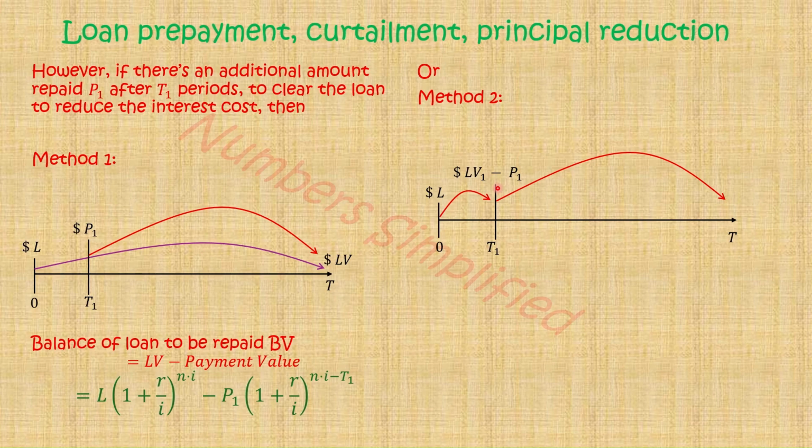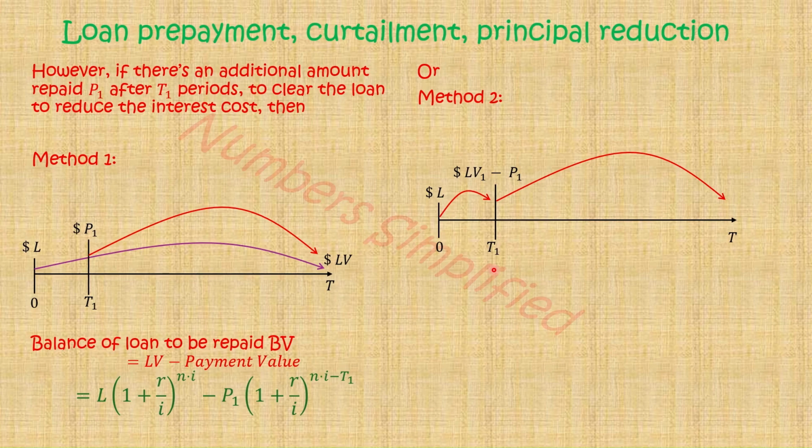Then with that, we are going to find what it will be worth from T1 to T, and we are going to just multiply with the interest. And take note, (1 plus r over i) raised to the power n i minus t1, because this is the value from the time we make the payment up until the end, or when the loan is due. So that is how we would get the balance to be repaid.